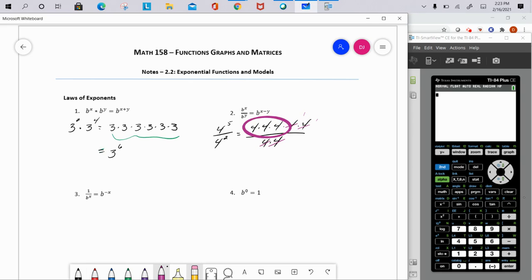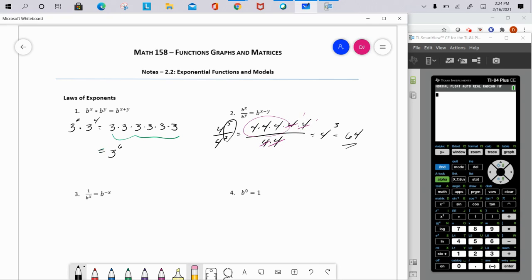Notice there are 3 4s left. That's 4 to the third, which is 64. Okay, so 4 to the third is 64. I subtract those exponents because 2 of the 4s in the denominator canceled 2 of the 4s in the numerator.